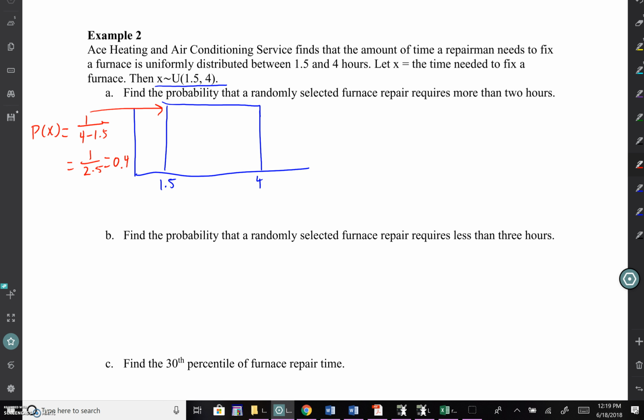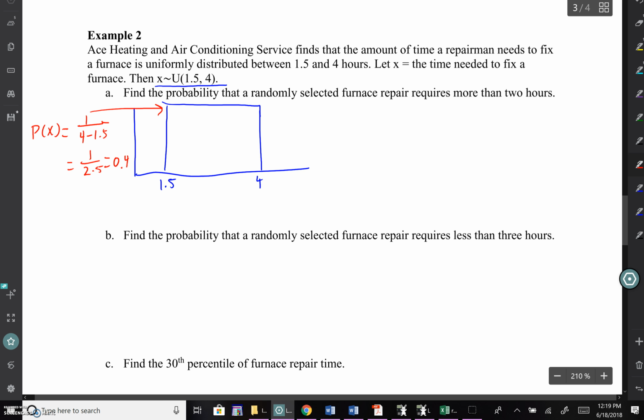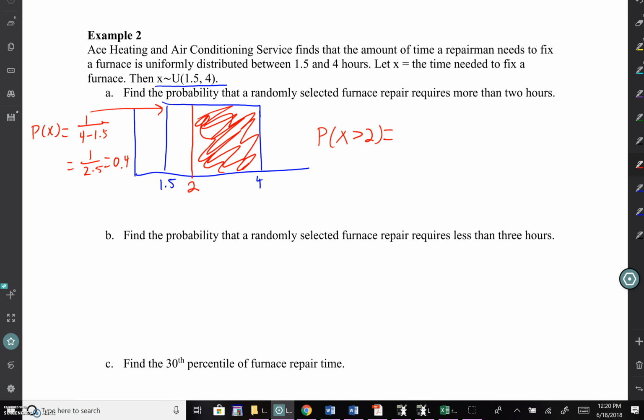And then it wants to know, find the probability that a randomly selected furnace repair requires more than 2 hours. So more than 2 hours means I'm here at 2 and I want to know about this side. 2 up to the 4. So the probability that x is greater than 2, I want to find the area of that rectangle again.